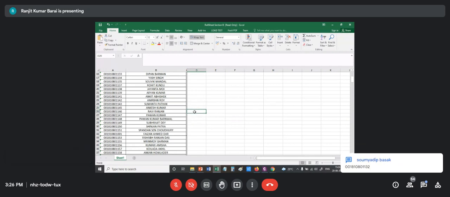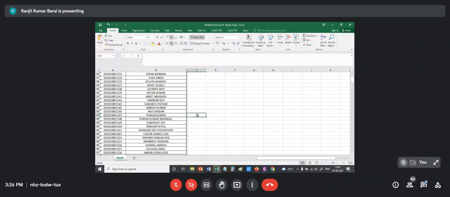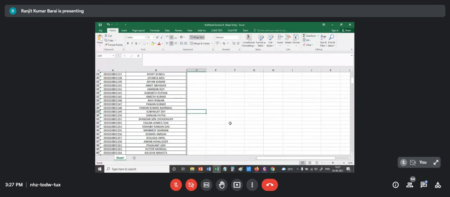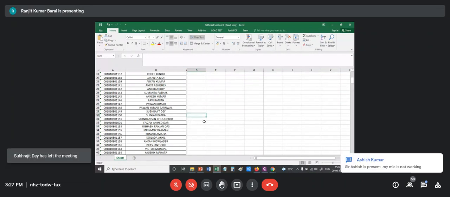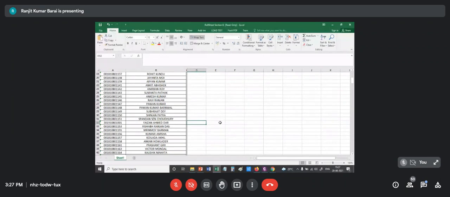Ravi Ranjan, yes sir. Pawan Kumar. Two Pawan Kumars are there, one Pawan Kumar and one Pawan Kumar Bandwal. Both are present. Shubhrojit, yes sir. Shinjon, yes sir. Spandon, yes sir. Faizan Ahmed, is he present?